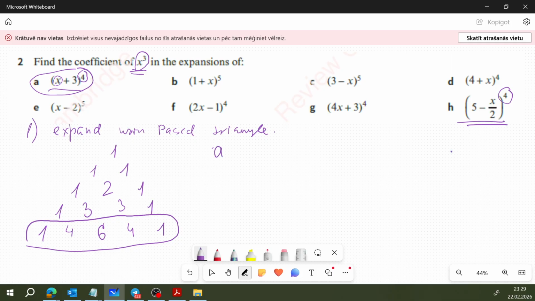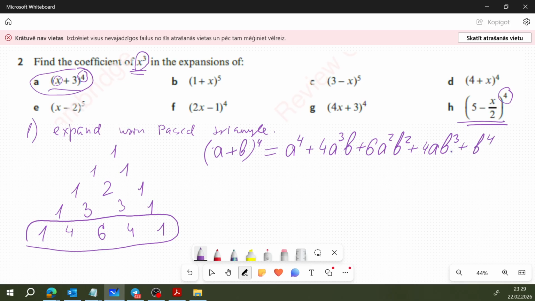So again, (a plus b) to the power of 4 equals a to the power of 4 plus 4a cubed b plus 6a squared b squared plus 4ab cubed plus b to the power of 4. And now we have to put it all together like this. But you see here, you have 5 and x over 2. So if we take this term, we are taking it to the cube exactly here. So this term will be responsible for that.